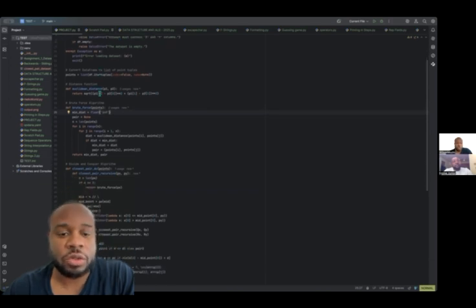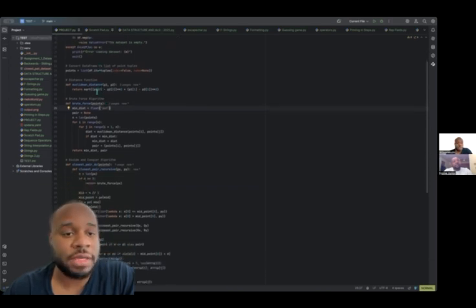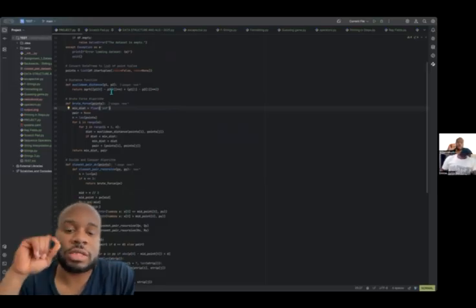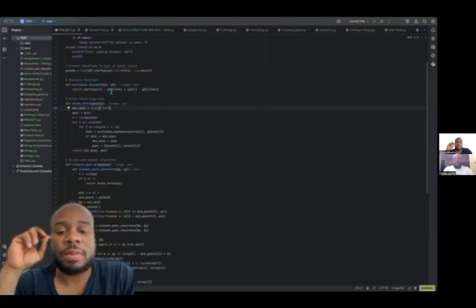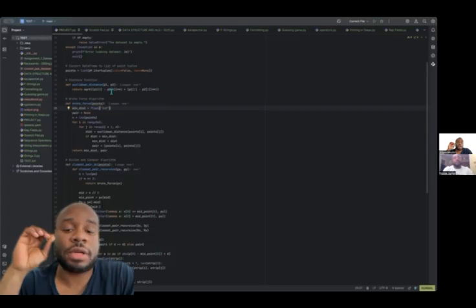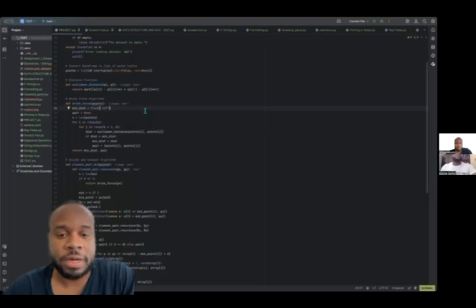Then we defined a function to calculate the Euclidean distance between two points. It simply applies the Pythagorean theorem to find the straight line distance between two coordinates.